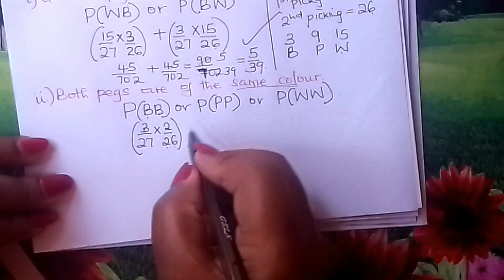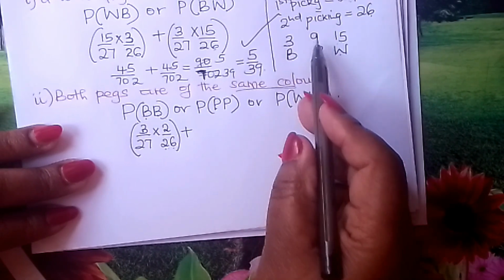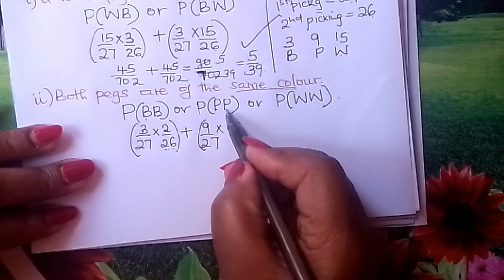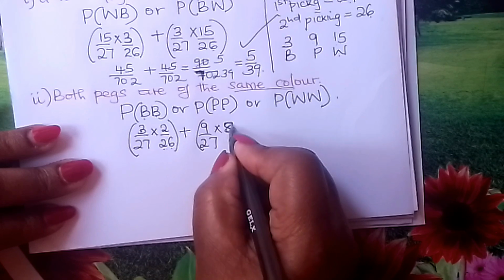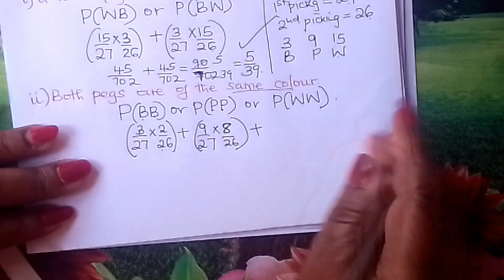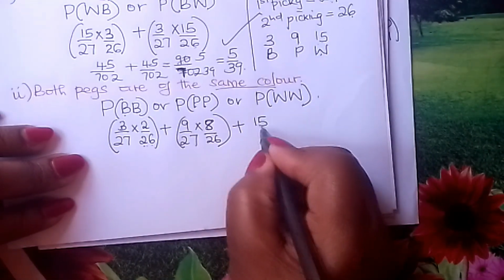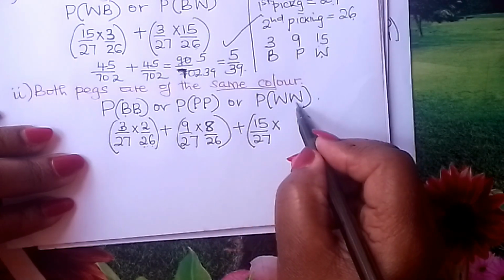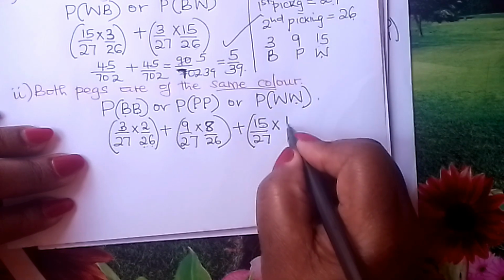We write plus pink. First picking 9, so 9 over 27. And picking a pink one again, they are now 8: 9 minus 1, 8 out of 26. We go to white. White, we have 15, so first picking 15 over 27. Then second picking, the whites will now be 14 because you had picked 1 and did not replace.